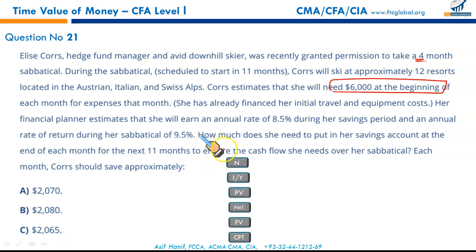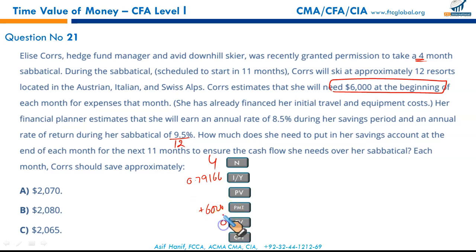So starting first with this one, N is 4. 9.5% for the whole year, since we are talking on a monthly basis, so 9.5 divided by 12 is 0.79166, right? Every payment she will receive will be for $6,000 in order to cover her expenses.